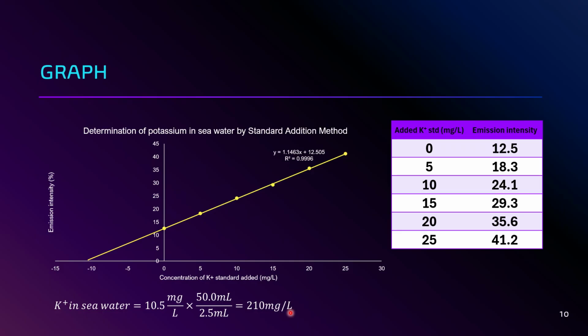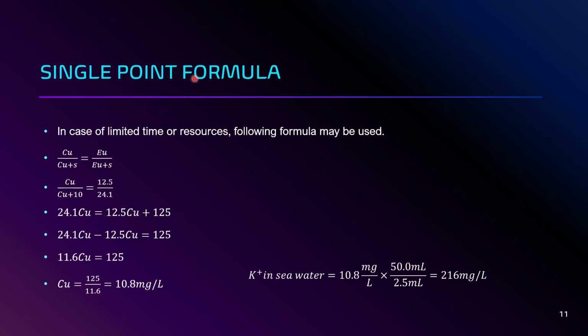So you sometimes run out of sample as well, because in standard addition method you need a larger volume of sample, because you need to prepare so many flasks using the sample. So sometimes you do not have enough sample, so either you are running out of sample or you are running out of time. You can always use a single point formula.